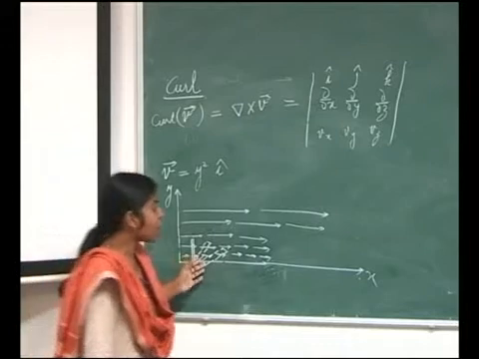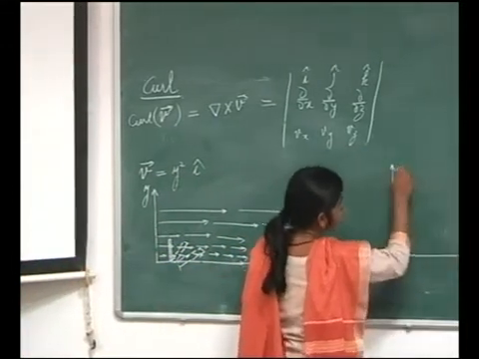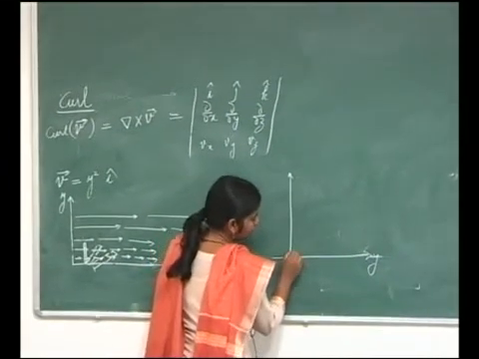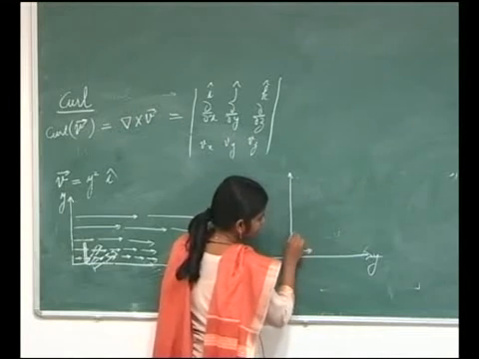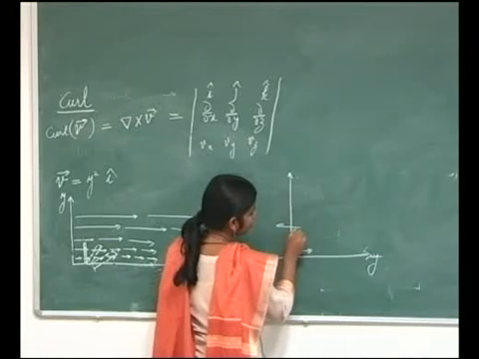Okay. If I draw this again, say I redraw it just to understand it better, say the vector field goes like this, then it decreases, it becomes very small, and then it changes its direction.